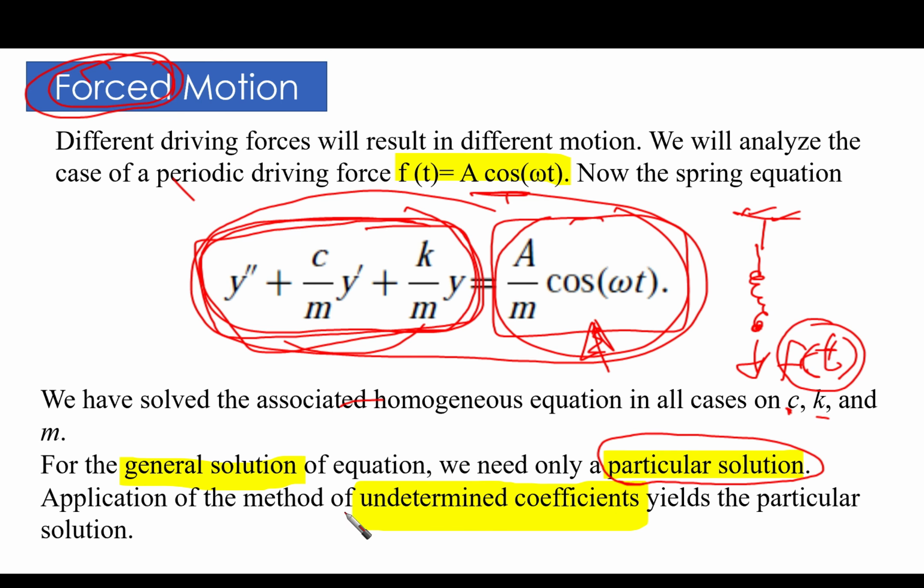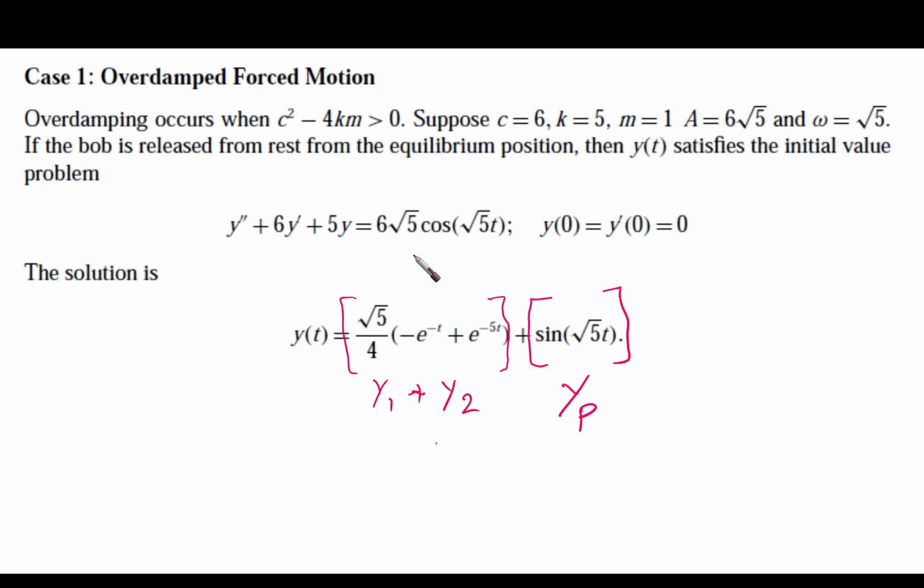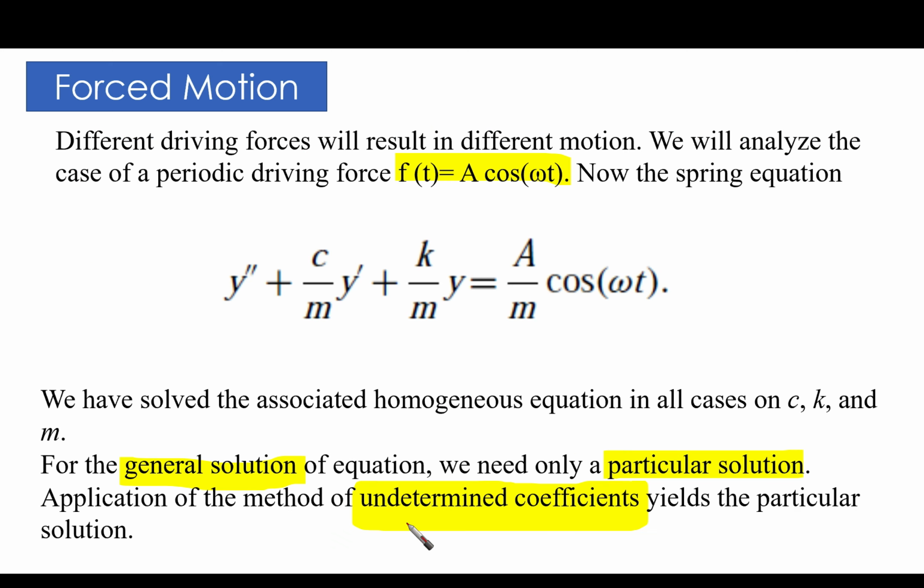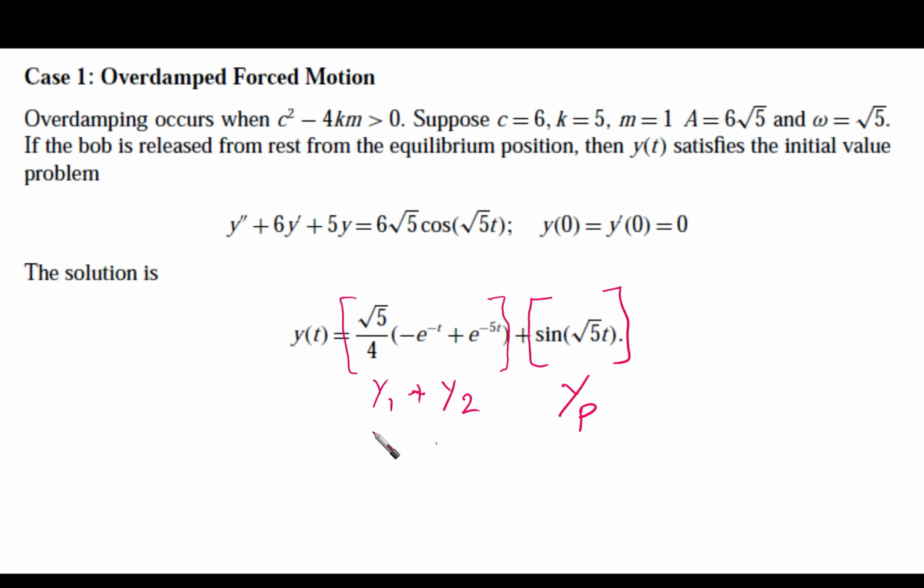Application of the method of undetermined coefficients yields the particular solution. This is our method for obtaining the particular solution. Now let's go with the first case: overdamped forced motion, where c squared minus 4km is larger than 0.